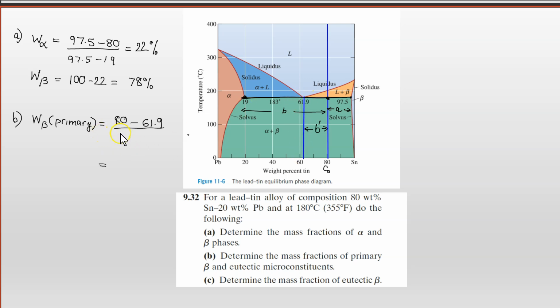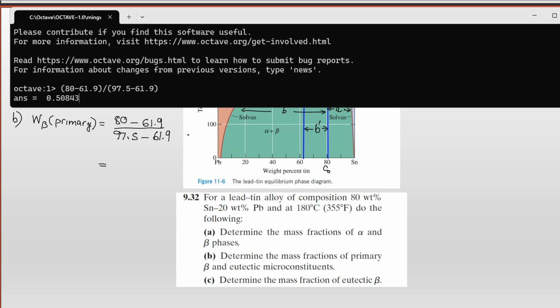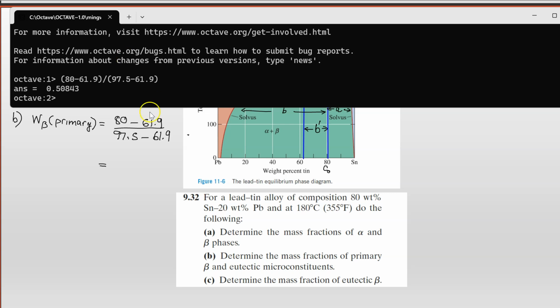So that is going to be 97.5 minus 61.9. Let's work that out. 80 minus 61.9, divided by 97.5 minus 61.9, and we get 51%.